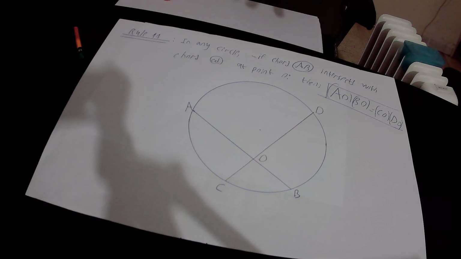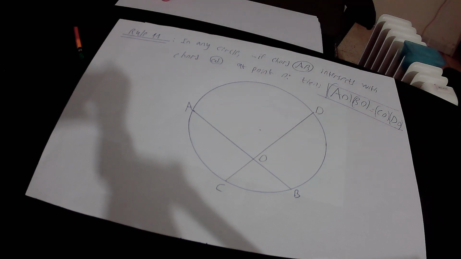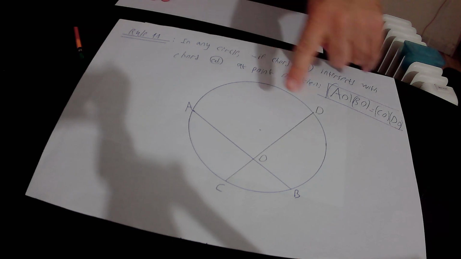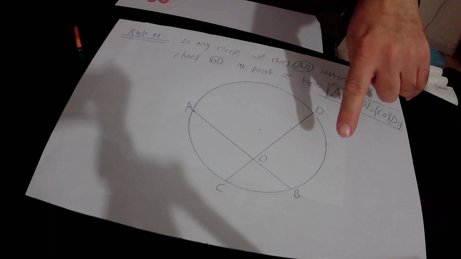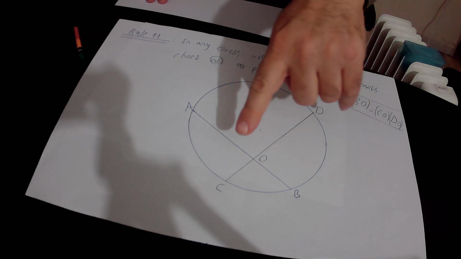So here we have two chords that intersect with each other. Whenever you have two chords that intersect, then AO times OB equals CO times OD.